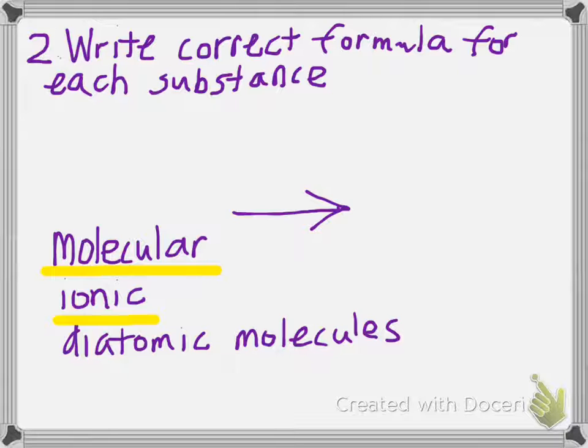And for your ionic compounds, when you're given the name and asked to write the formula, again, you're going to do those 4 steps. You should be able to rattle those 4 steps off, right? You're going to do symbols, charges, crisscross, lowest whole number ratio.